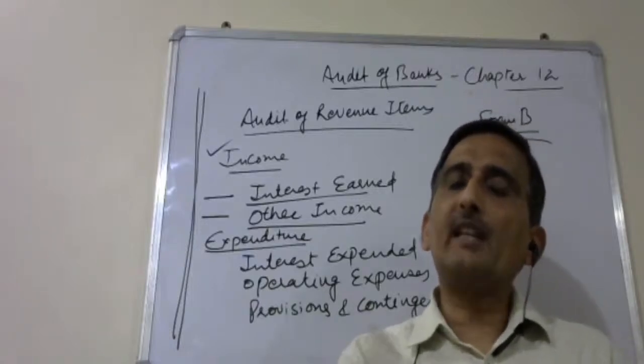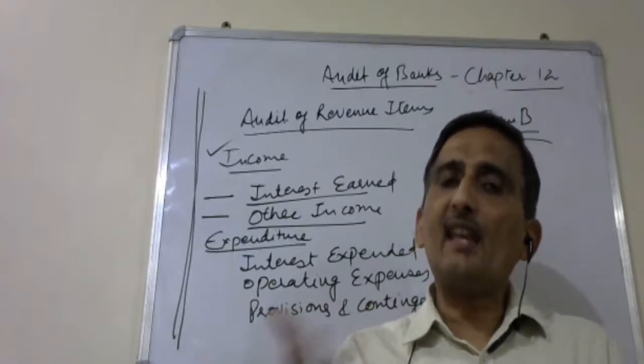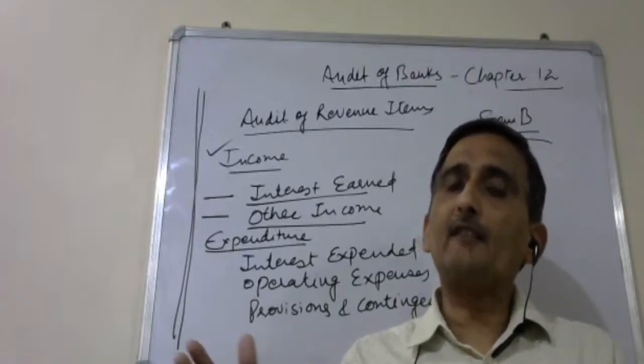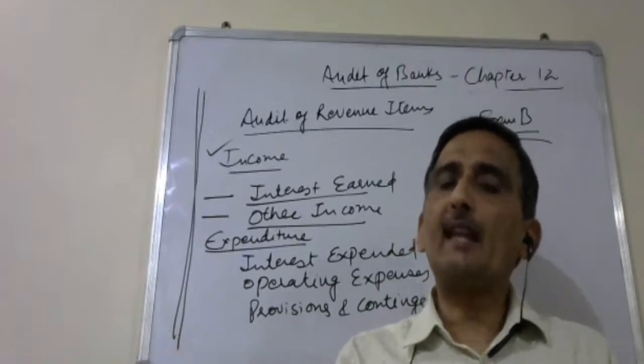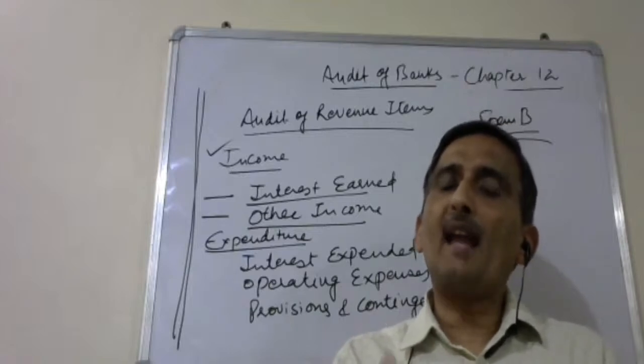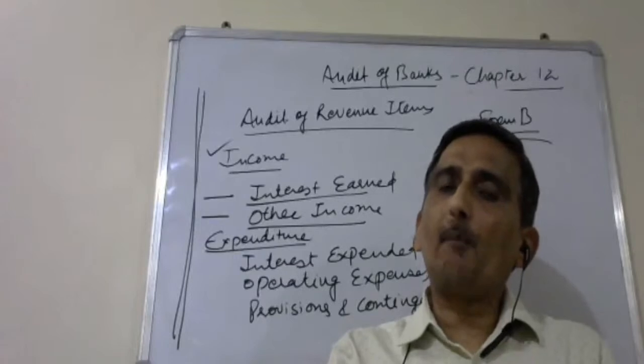Besides, he can also check a few accounts in detail by seeing whether the interest rate has been correctly applied. Say during the year there has been interest revision in fixed deposit accounts 2 or 3 times, and the bank has decreased the interest rate on deposits.